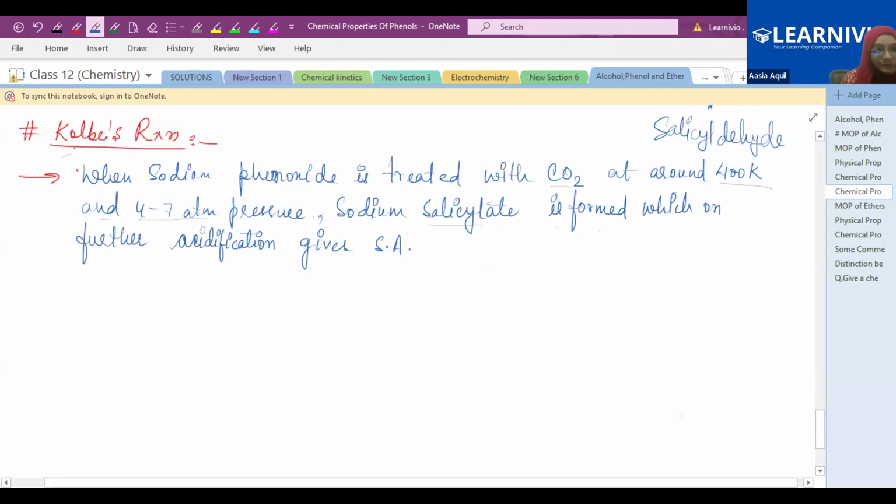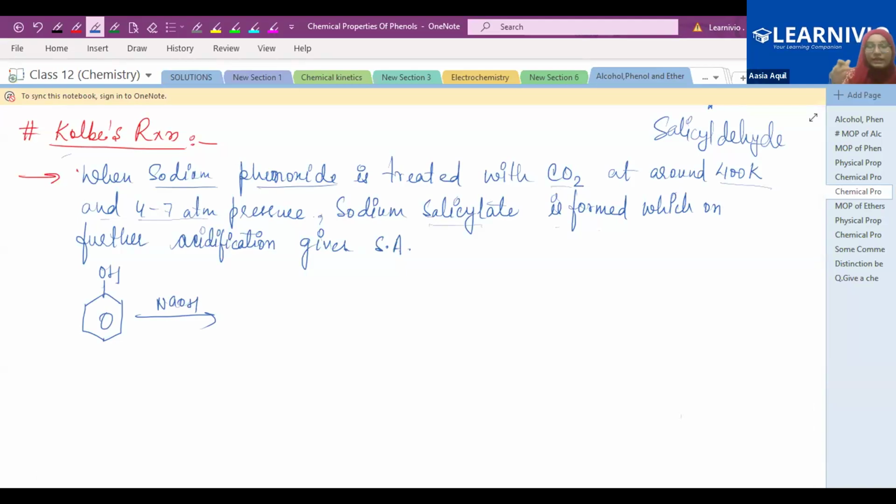Now let's see the mechanism. First, we will see the reaction. This is your phenol. When you add sodium hydroxide, first we have to prepare the sodium phenoxide ion. How is sodium phenoxide made? We have repeatedly discussed this.